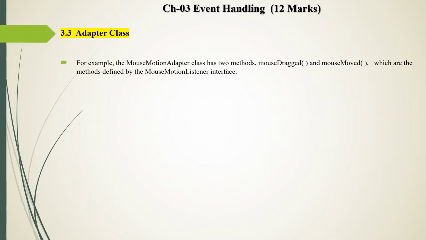Here is one example of an adapter class. The MouseMotionAdapter class has two methods. As we saw with mouse motion events, the mouse motion event has its respective adapter class, the MouseMotionAdapter class, which has two methods: first mouseDragged and second mouseMoved, which are the methods defined by the MouseMotionListener interface.